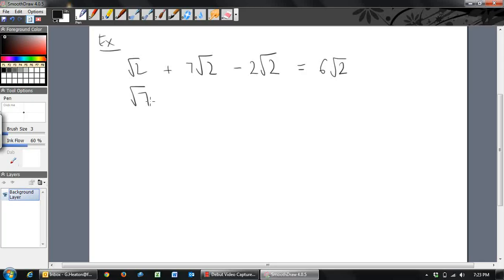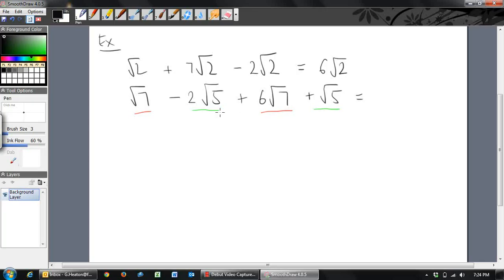So let's do root 7 minus 2 root 5 plus 6 root 7 plus root 5. Let's have a look at that one. Now remember, we can only add and subtract like terms. Here we have a root 7, there we've got a 6 root 7, and here we have a negative 2 root 5, and now we have a positive root 5.